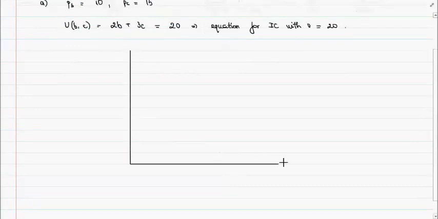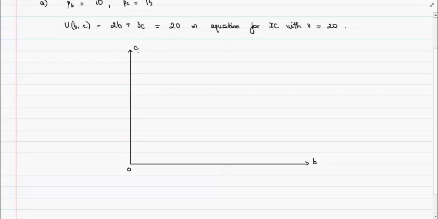I have a normal diagram where I put B on the horizontal and C on the vertical, and I have 0 over here. As you can see, 2B plus 3C equal to 20 is just a linear equation, so basically a straight line.